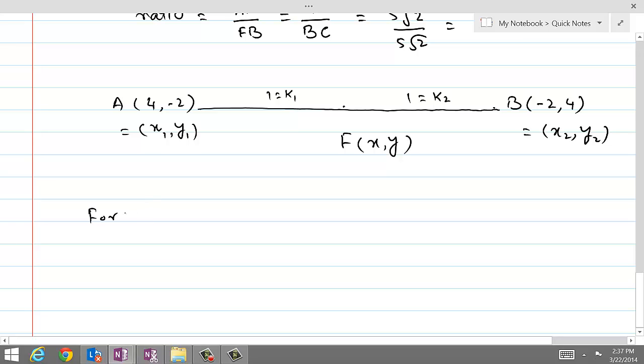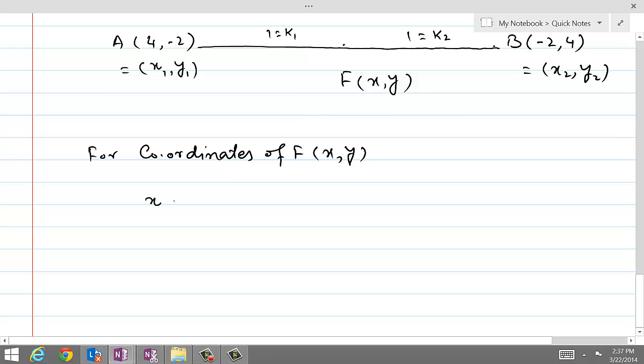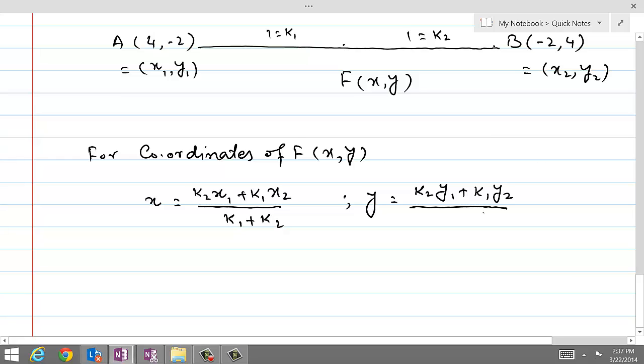For the coordinates of F, X, Y: X is equal to K2 X1 plus K1 X2 over K1 plus K2, and Y is similarly equal to K2 Y1 plus K1 Y2 over K1 plus K2.